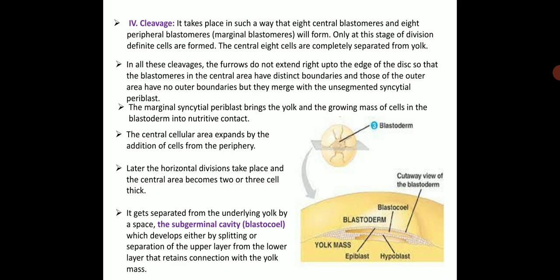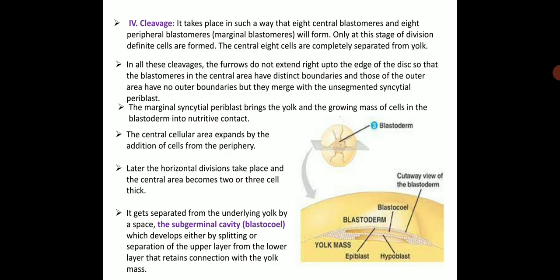Here, this gets separated from the underlying yolk by a space we call the subgerminal cavity, or you can call it the blastocele. You can clearly make out the blastocele or the subgerminal cavity in this picture.